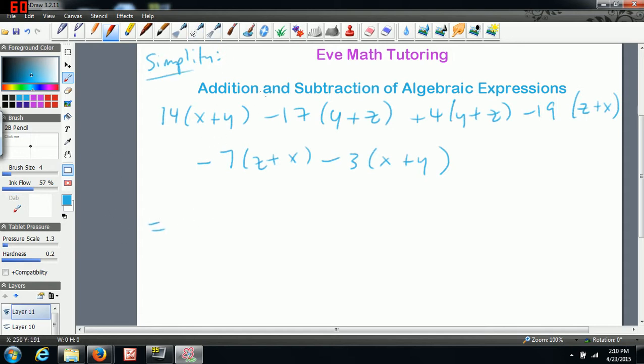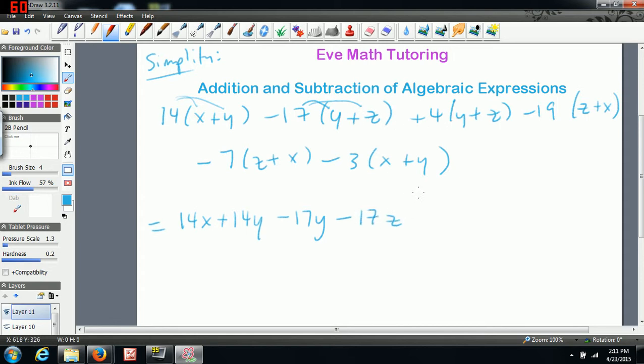Okay, so first thing you want to do is open up the brackets. When you do that, if you have a number in front, you have to bring that number into both, just like how you have to bring in a positive or a negative. So this here becomes 14x plus 14y. Now over here, you've got 17, so you're going to bring that in to both as well. So that becomes negative 17y, and here you've got negative 17z.